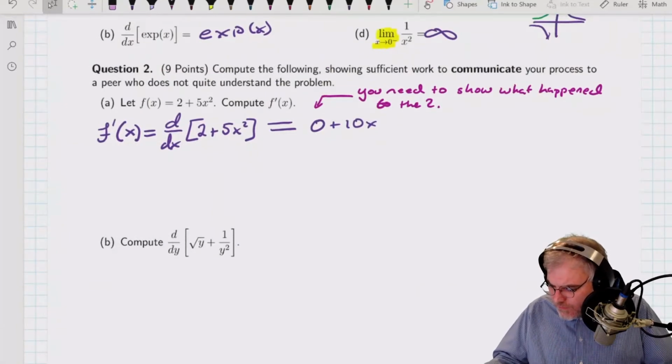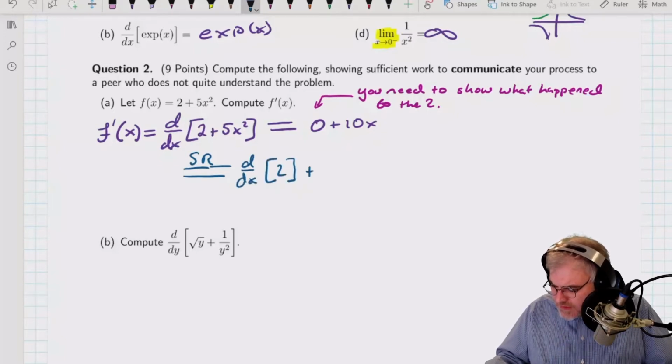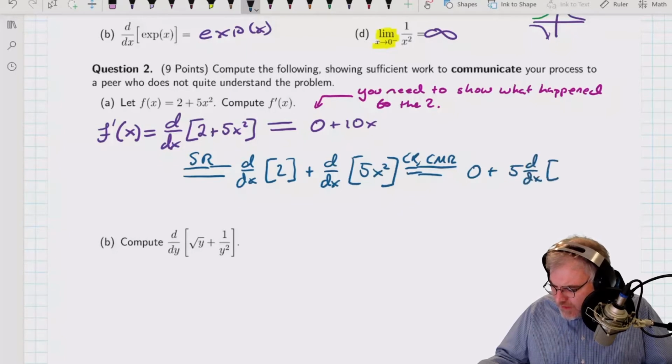So we go, okay, well, this equals, I'll do sum rule, d over dx of 2 plus d over dx of 5x squared, and then I'll do constant rule and constant multiple rule, and I'll get a 0 plus a 5 d over dx of x squared, which equals, now I do a power rule, and I get 0. 0 can go away now. 5 times 2x to the first, which equals, or x to the 2 minus 1 if you insist, 10x.